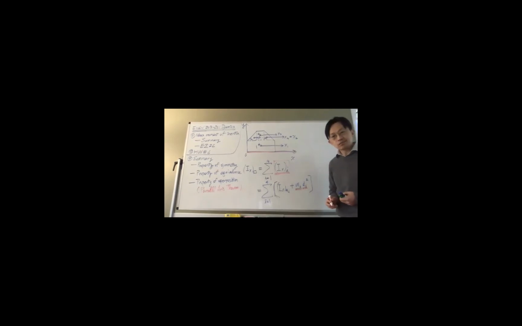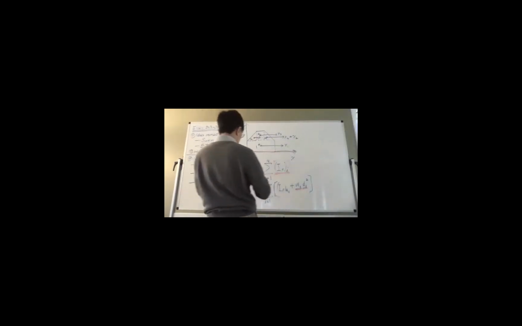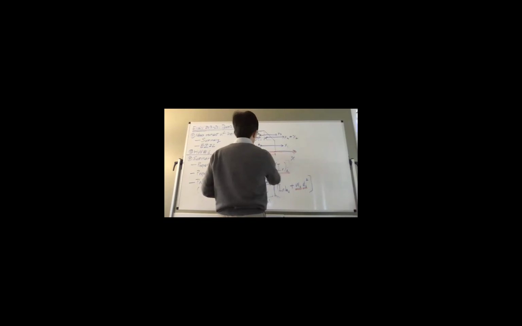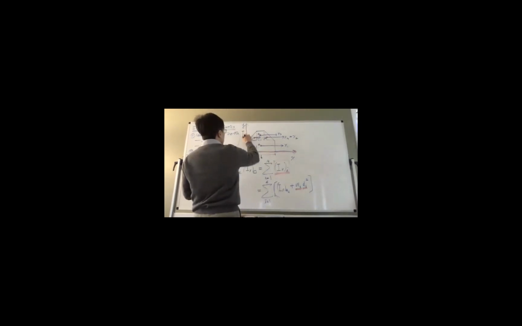For the distance, we can quickly calculate it. Suppose this distance from here to here is a value b, and from here to here is just h over 2, like this.